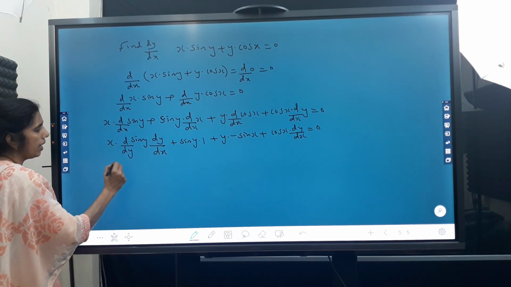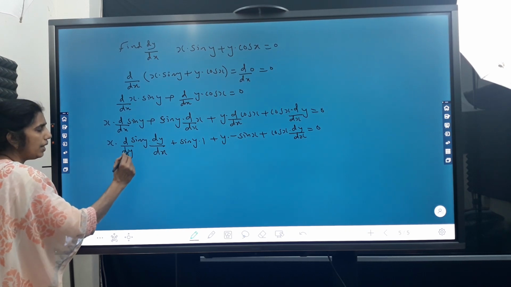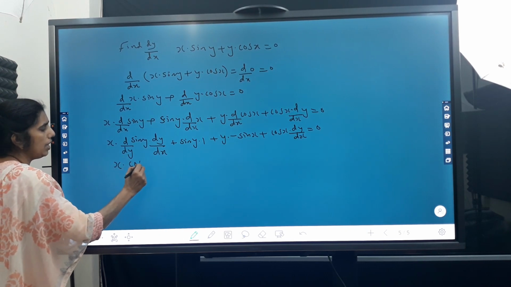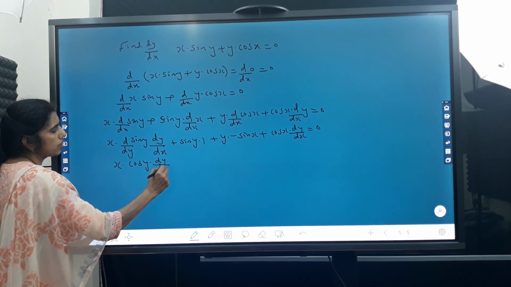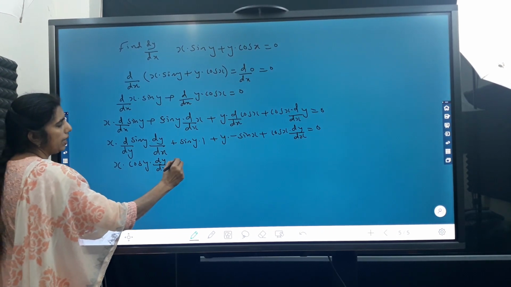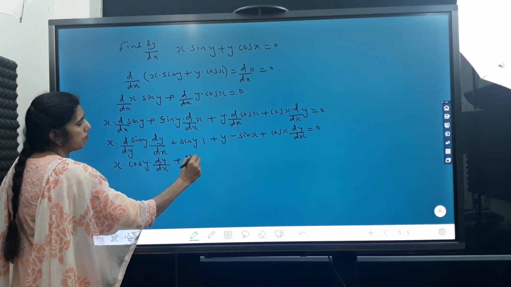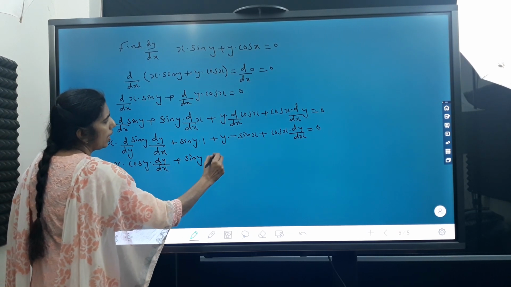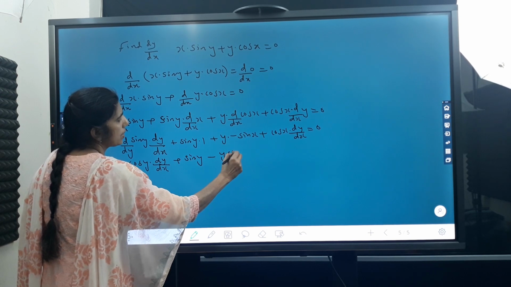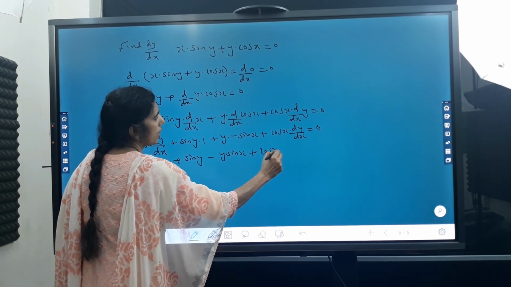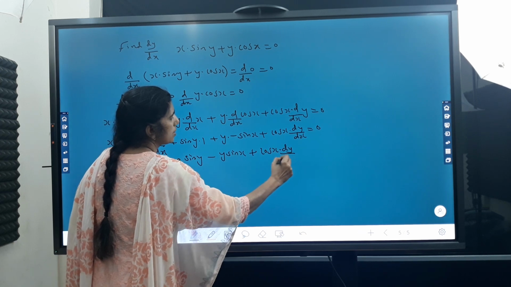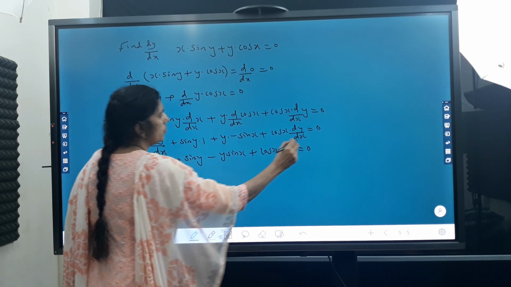So you have x into, now d by dy of sin y is cos y. So it is x cos y into dy by dx plus sin y minus y sin x plus cos x into dy by dx equal to 0.